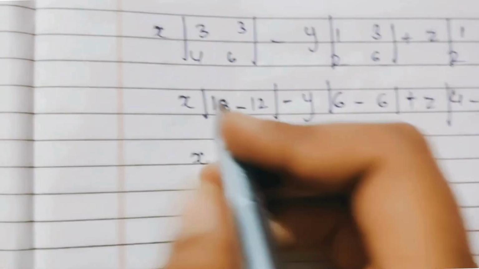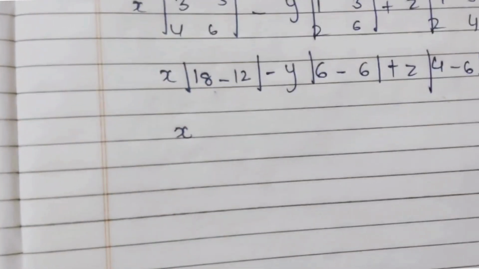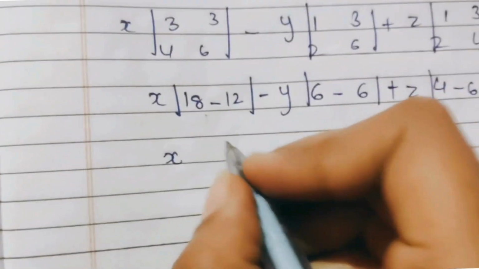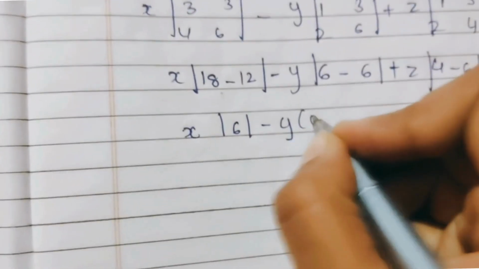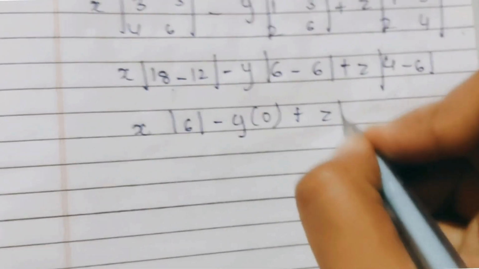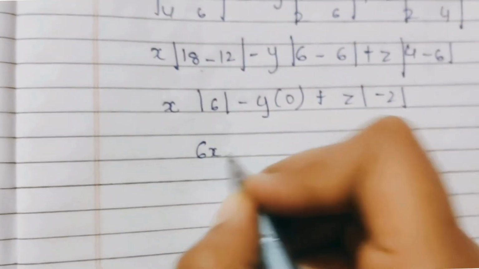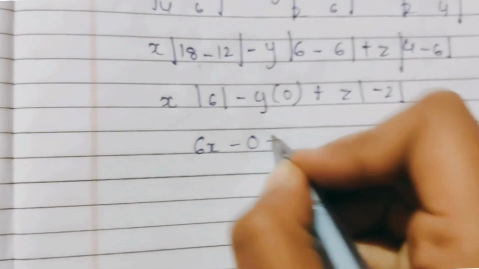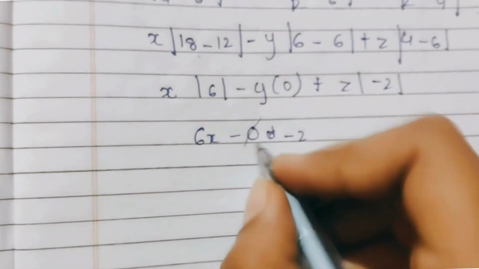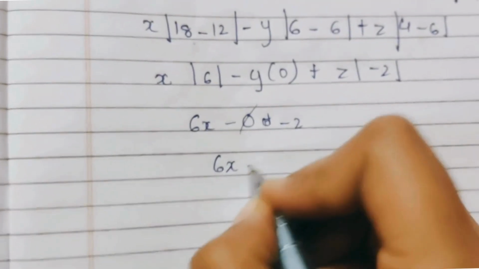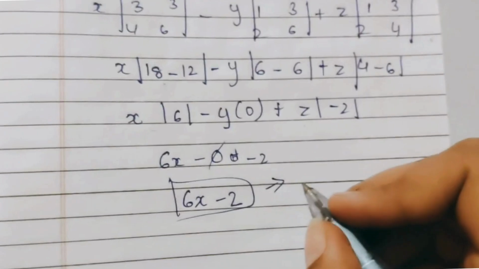X, here 18 minus 12 gives 6, minus y times 0, plus z times minus 2. Now let's multiply this. We get 6x, minus 0, plus z multiplied by minus 2, that is minus 2z. Now let's remove this 0, and what we are getting is 6x minus 2z. This is our answer of this question.